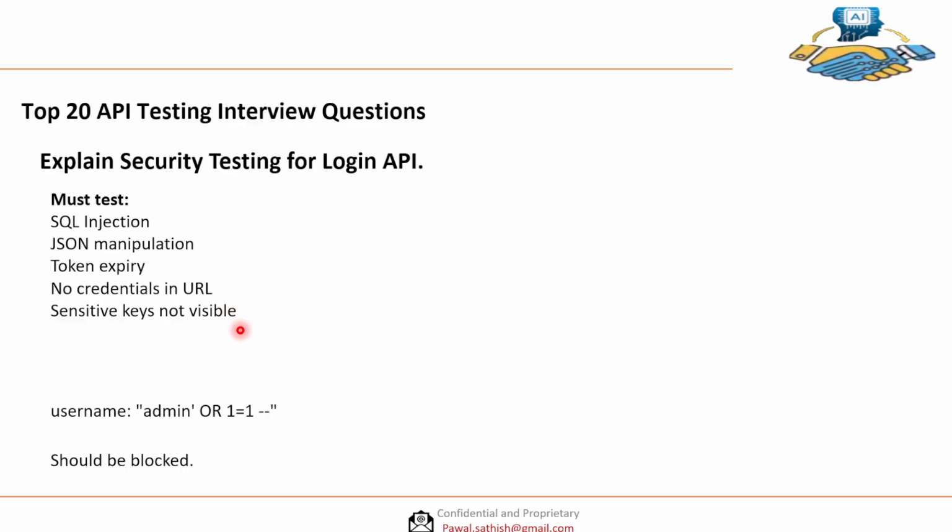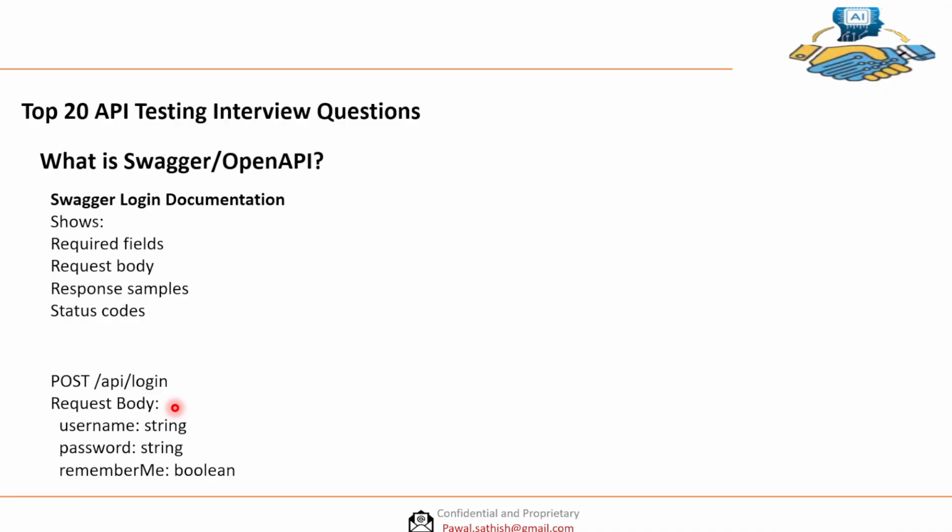Sensitive keys should not be visible when the server is responding, or when we are sending the request to the server. As I mentioned, for SQL injection we can use admin or 1=1, and all these things should be blocked.